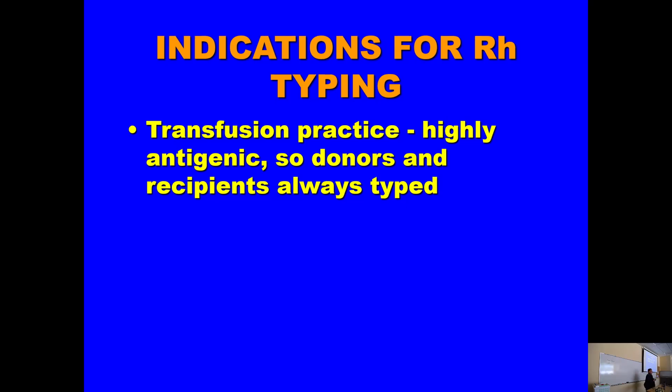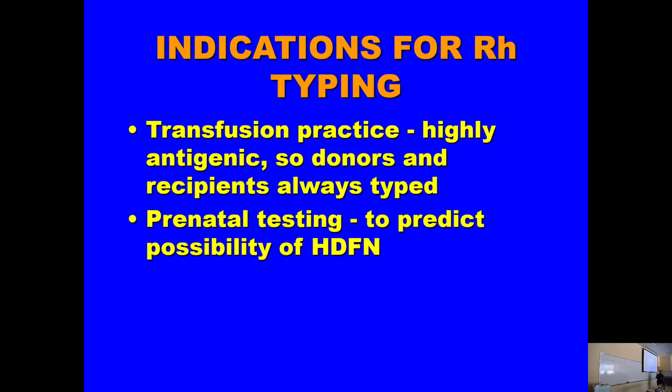So when do we Rh type? Regular transfusion practice. You all did it with your ABO-Rh typing, right? It's highly antigenic, so all donors get it, all recipients get it, all these people are always going to be typed. Prenatal testing. We do it right away when you get pregnant.